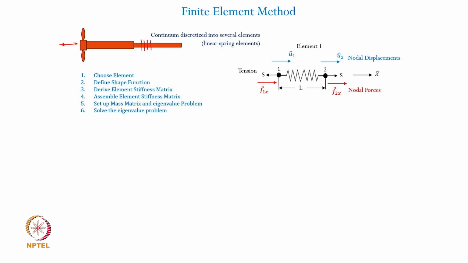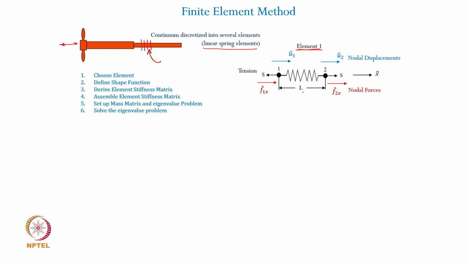So, let us say one of such segments or discretized finite elements is what is shown here, and as I said, we are going to assume each segment to behave like a linear spring element.